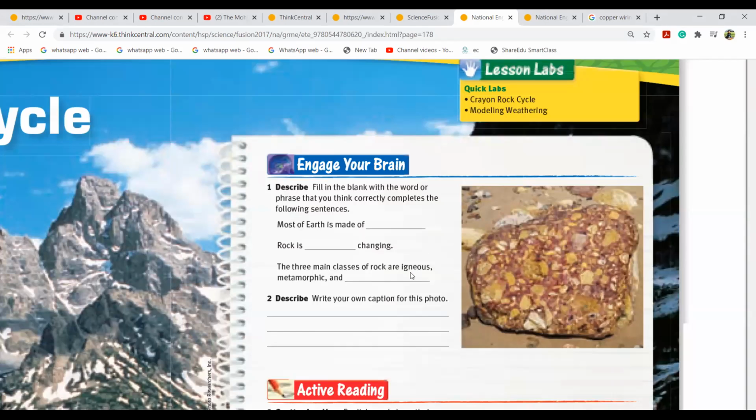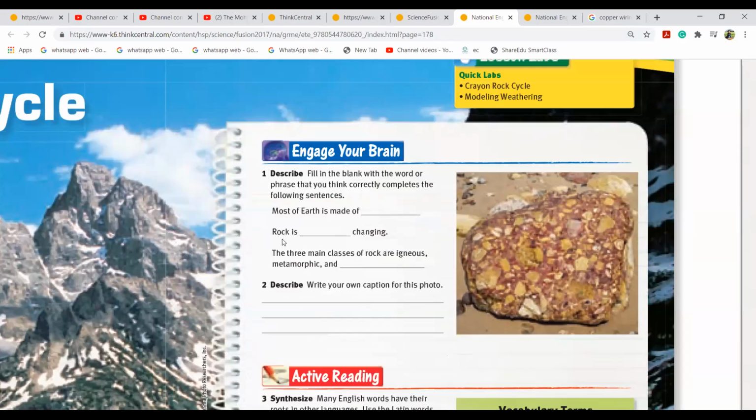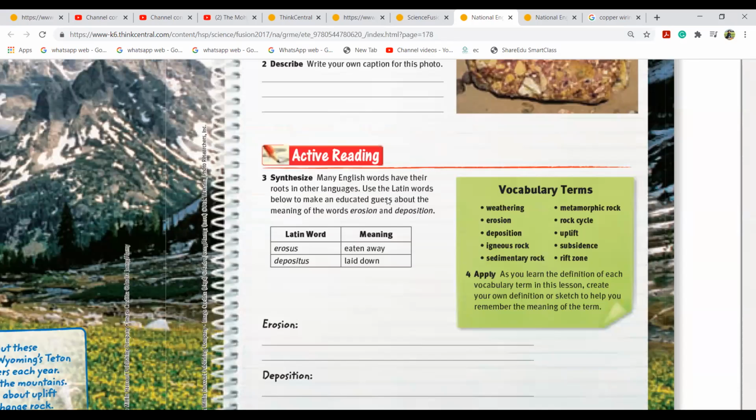Most of the earth is made up of minerals. Rock is regularly changing. The three main classes of rocks are igneous, metamorphic, and sedimentary.